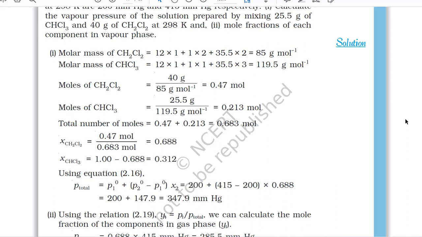Total number of moles equals 0.47 plus 0.213, which equals 0.683 mole. Mole fraction of CH2Cl2 equals 0.47 mole upon 0.683 mole, which equals 0.688. Mole fraction of CHCl3 equals 1 minus 0.688, which equals 0.312.